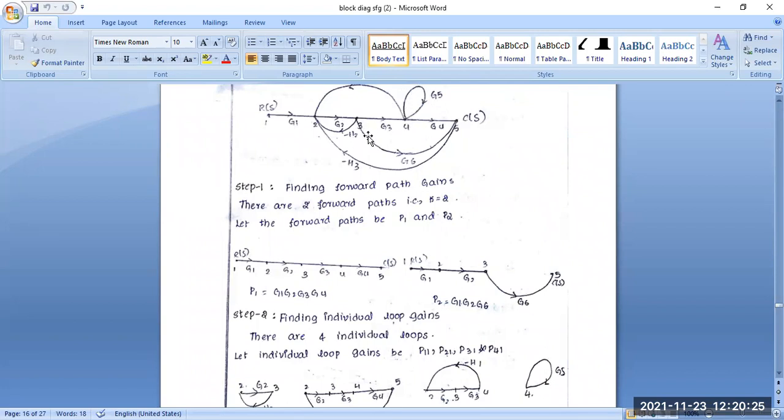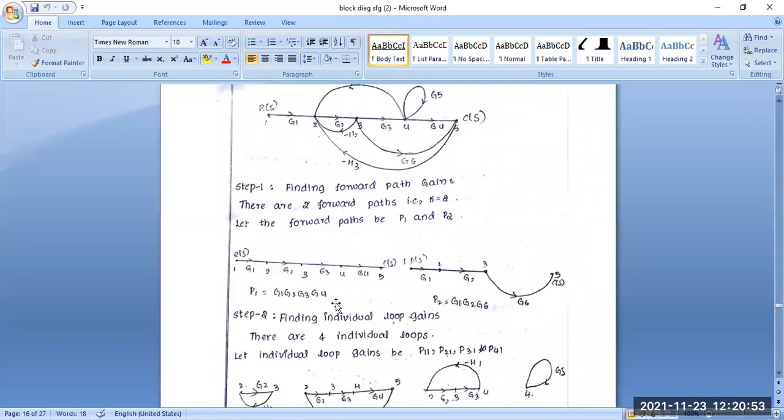But you can see this loop is not considered. Why? Because this loop of node 3 and node 5 is not considered an individual loop, because its nodes are included in the big loops also. So we do not attempt these loops.